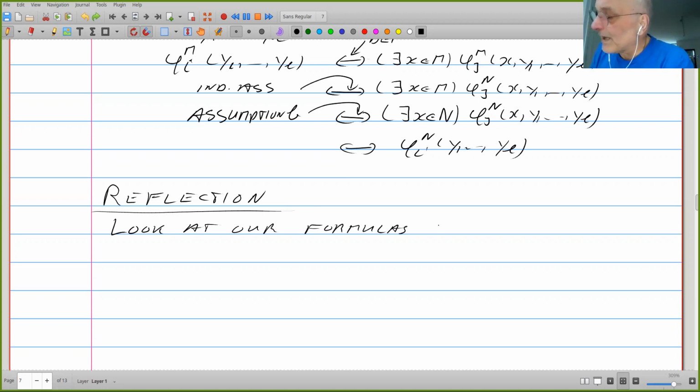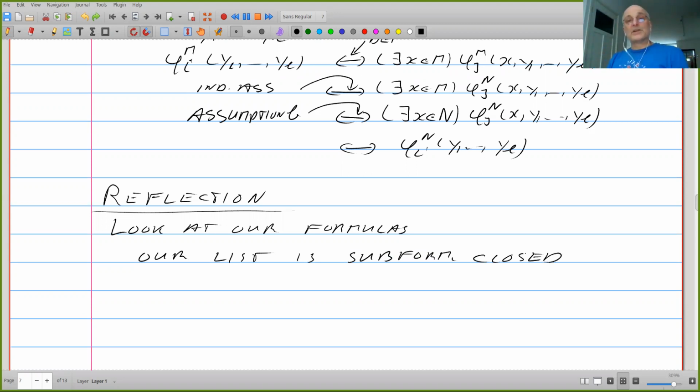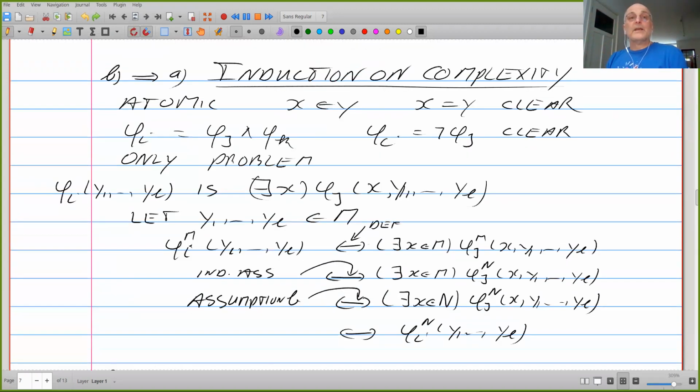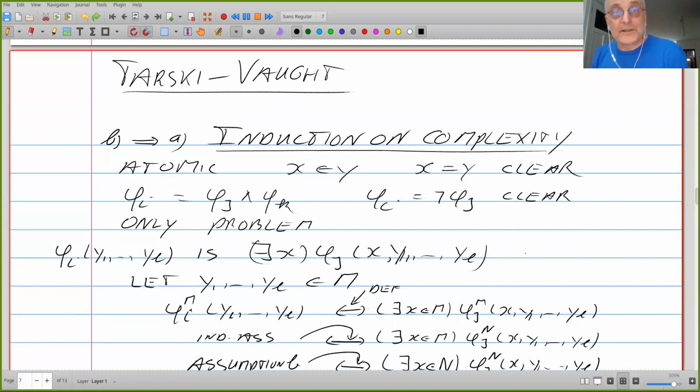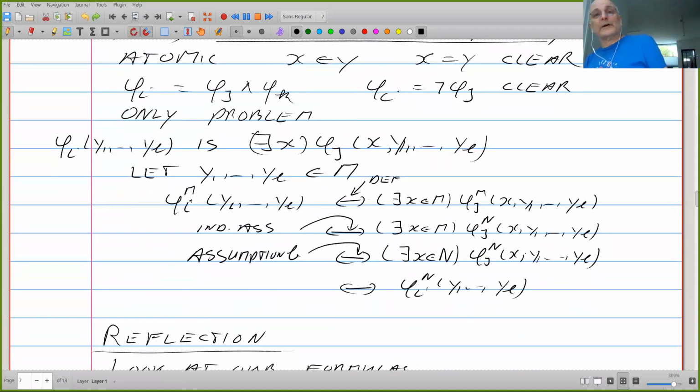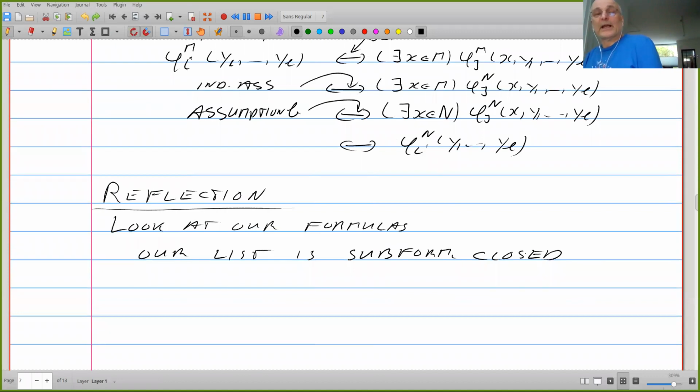So we assume our list is subformula closed, so we can use the Tarski-Vaught criterion if we want to find V alpha such that the formulas are absolute for that V alpha.